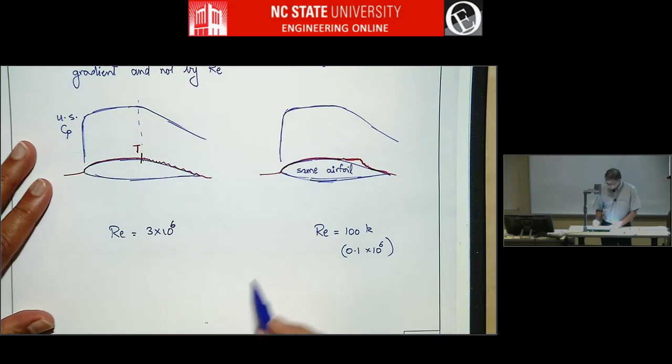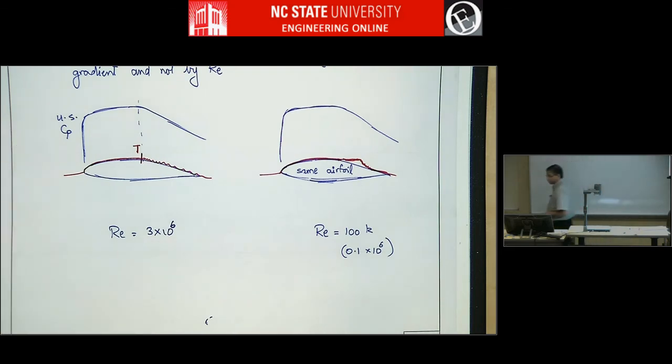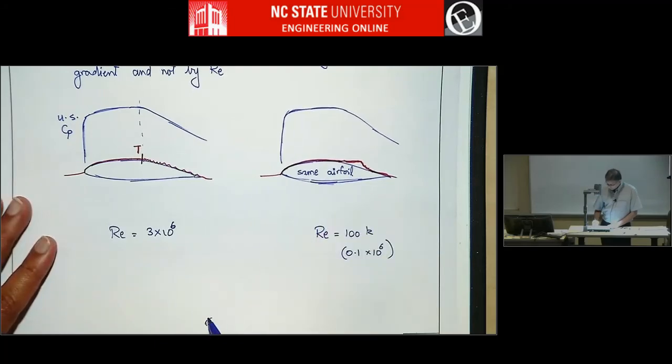Let's say the blue airfoil, I'm going to draw it in, see if I can find a different color. Okay. So I'll draw the blue airfoil, this airfoil, in dashed line. So we had this airfoil like this.